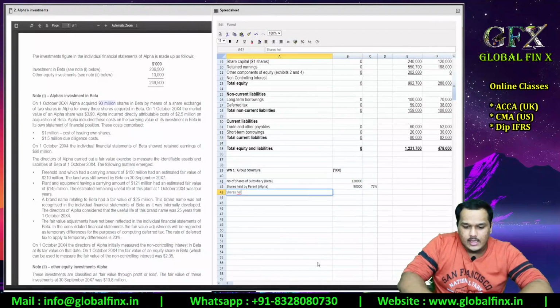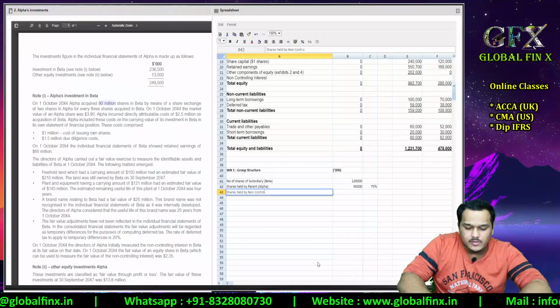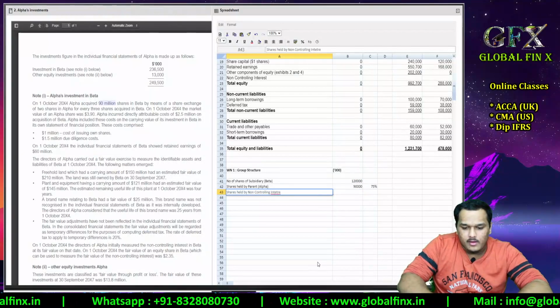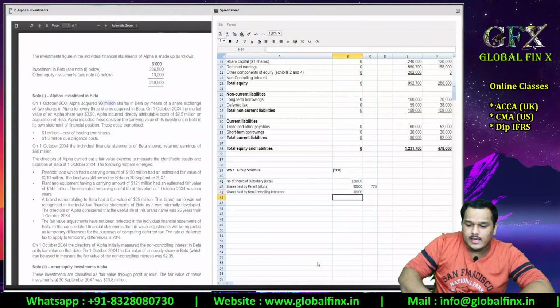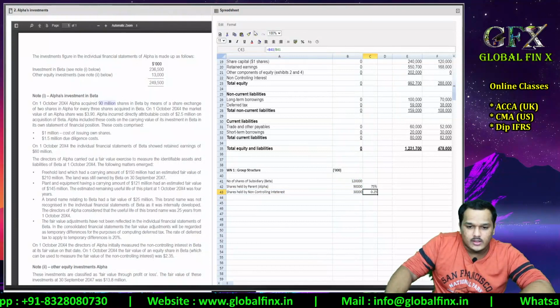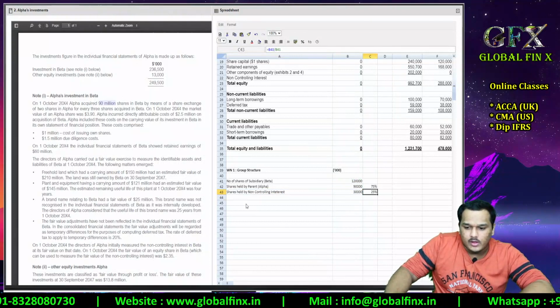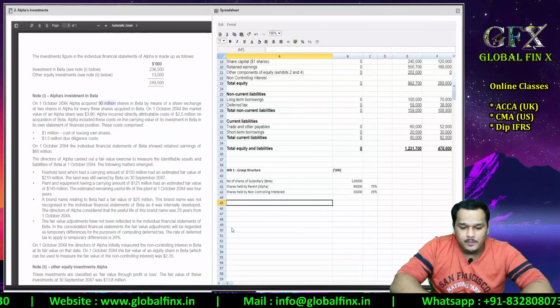Then shares held by NCI, non-controlling interest, will be how much? 120 minus 90, that is 30,000 divided by 120, that should be 25%. So 25% is held by NCI, 75% by parent.